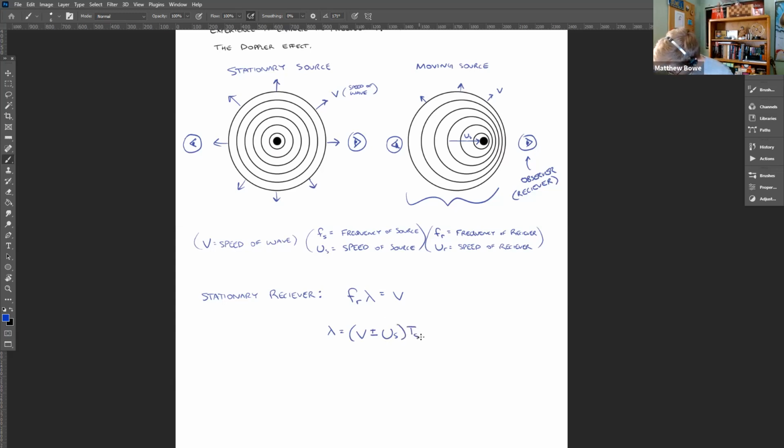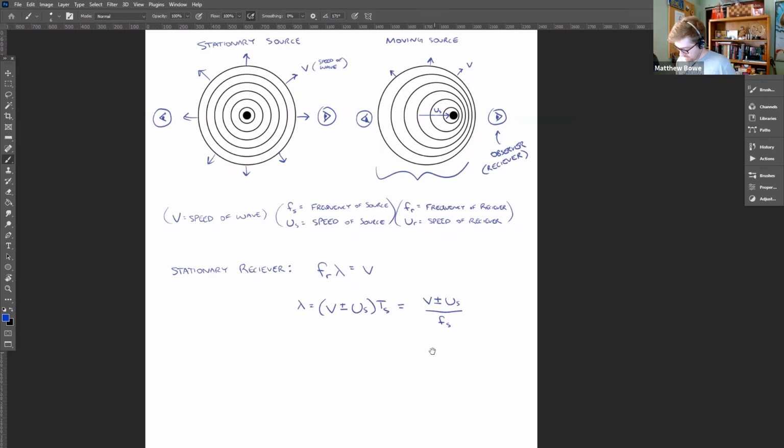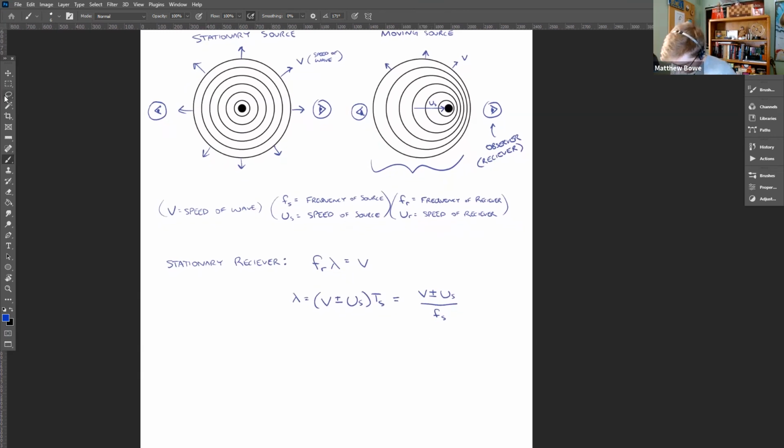And this is the period of the source, but I don't like introducing a new variable, so I'm just going to leave it as v plus or minus the velocity of the source, over the frequency of the source. All right.